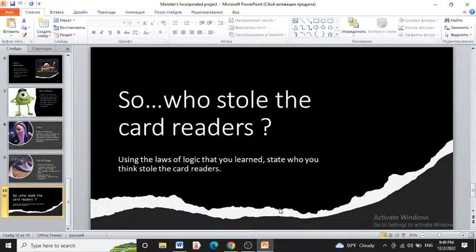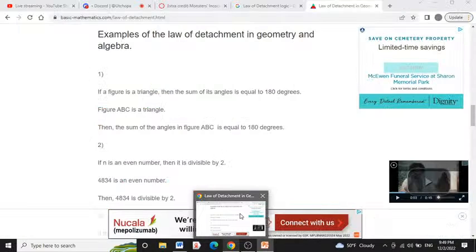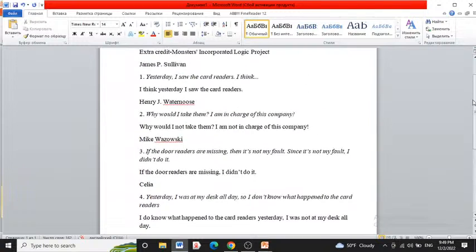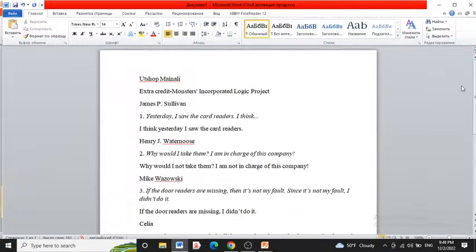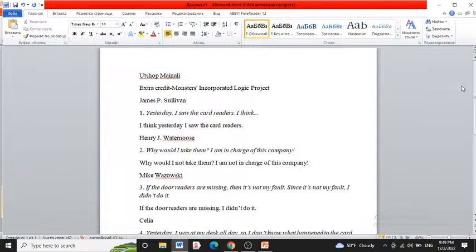Who do you think stole the card readers? What do you think, Humane, based on these statements? I'll be honest, I didn't listen to anything you said. I'm focusing on my assignments.